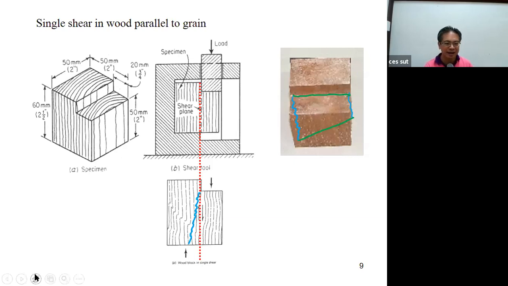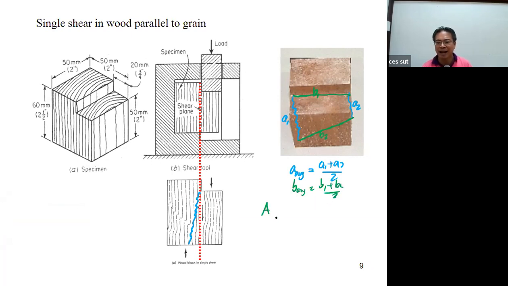This one is going to be A1, this one A2, so we have A average equal to A1 plus A2 divided by 2. Again, you also have B1 and B2, and B average equal to B1 plus B2 divided by 2.